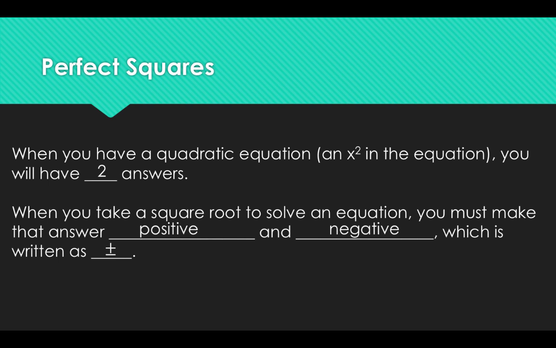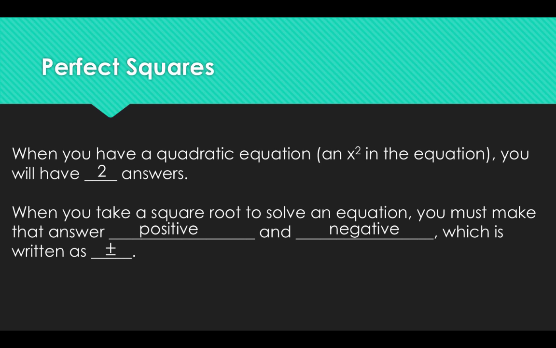And then you're going to write that as plus or minus, which is this symbol right here. The reason you do this is because when you square a positive number, that answer is positive. But also when you square that negative number, the answer is positive.